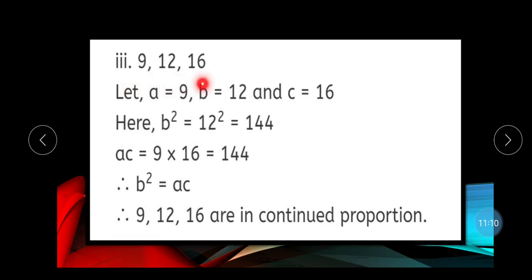Third one, 9, 12, 16. Here A is 9, B is 12, C is 16. B square is equal to 12 square, that is 144. AC is equal to 9 into 16, that is 144. 144 and 144 are equal. Therefore, B square is equal to AC. Therefore, 9, 12, 16 are in continued proportion.